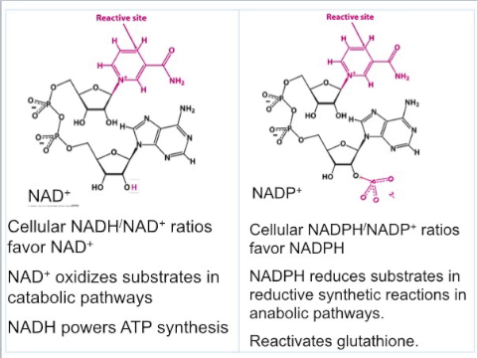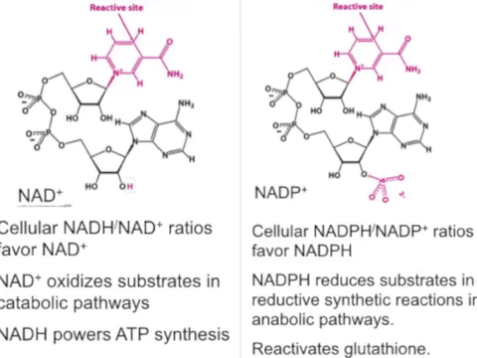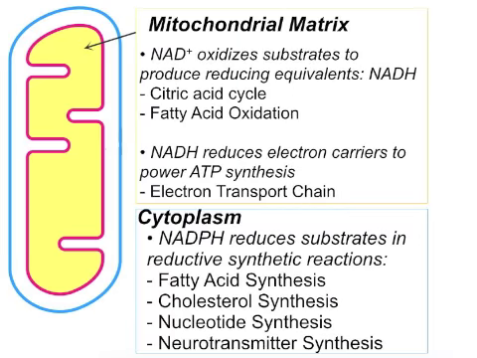The ratios of NADPH and NADP+ favors NADPH, and therefore NADPH is going to reduce substrates, and it does so in reductive synthetic reactions that occur in anabolic pathways. Now, another thing that NADPH does is it reactivates glutathione, and so it's a very important molecule to have in sufficient quantities. And so these two electron carriers serve different purposes.